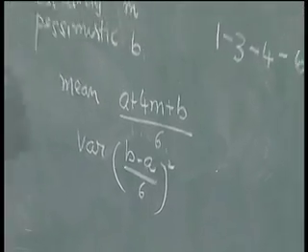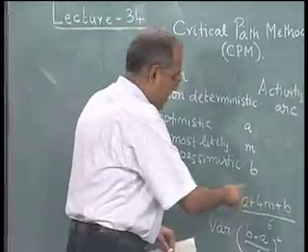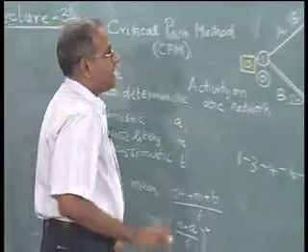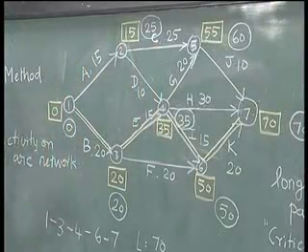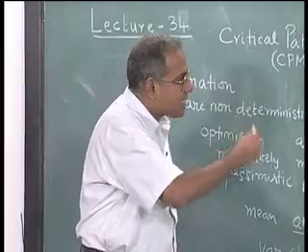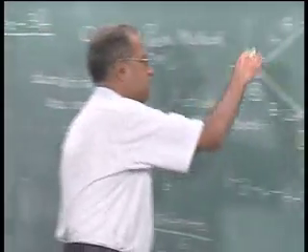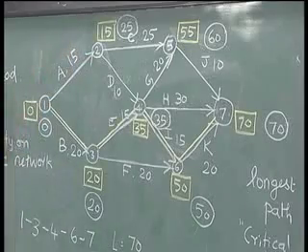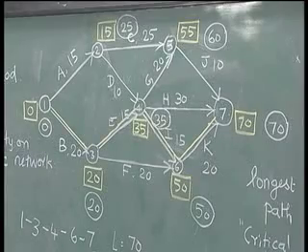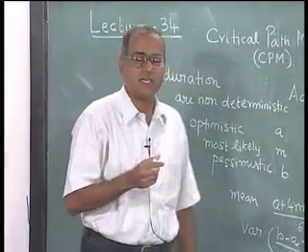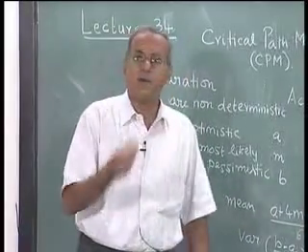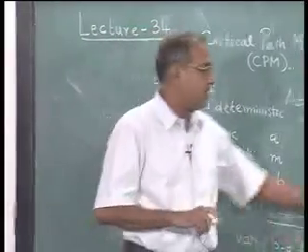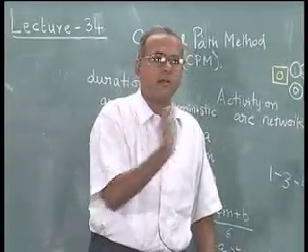Now, based on this distribution, the expected value and the variance are computed, and each of these activities will have an expected value and a variance. With these expected values, one can do one pass of the CPM, or the critical path method, to get the expected longest path, and the duration will be the expected duration.